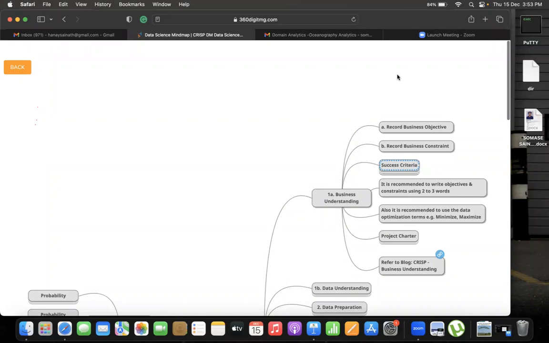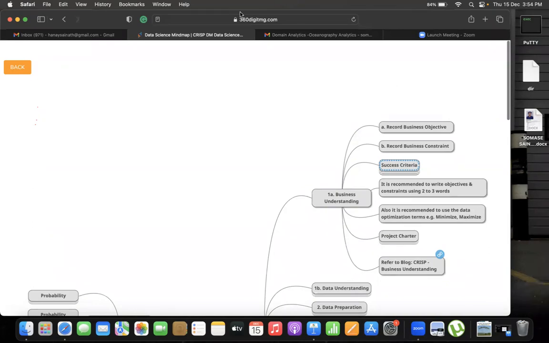So how do you identify a business objective first of all? To identify the business objective, look at the things in a business environment that are related and about which data is or needs to be stored.